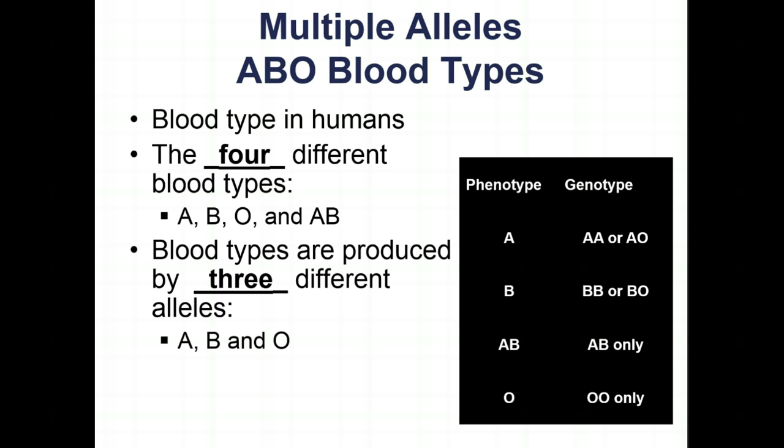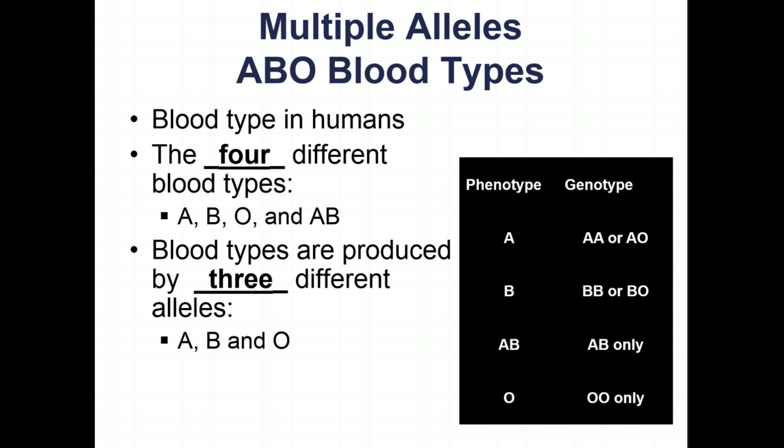So while you may only have two alleles for a particular trait, in the population there could be more than those two. And depending on who you mate with, your two alleles can be passed on to your children, along with a combination of what other alleles are in the other parent.